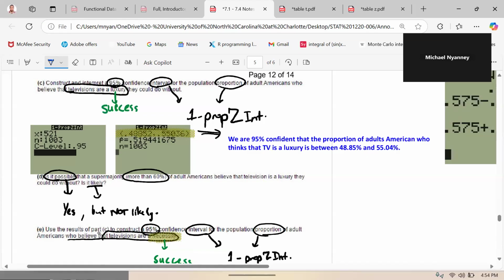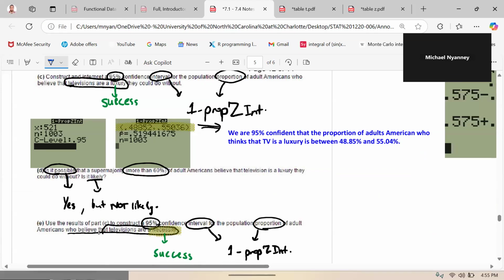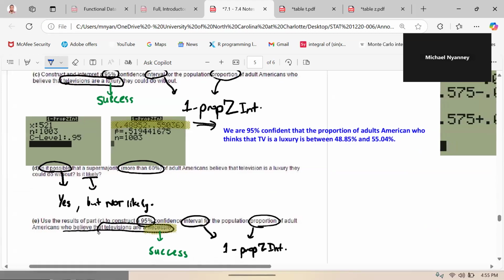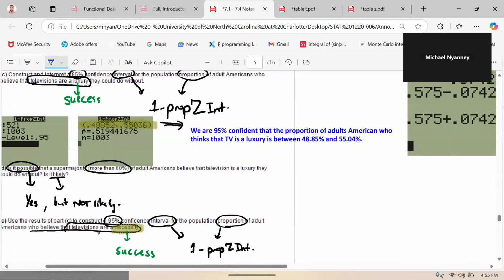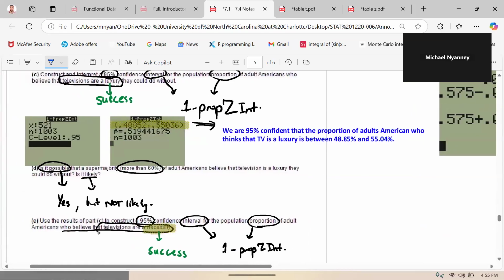Okay, so yes, it is possible if we're able to actually increase our confidence level, because if you increase the confidence level, your interval widens. Okay, but with respect to this confidence interval created, it's not likely that you're going to get that. Okay, so that is that. That is why you're saying yes, it is possible, but it's not likely.